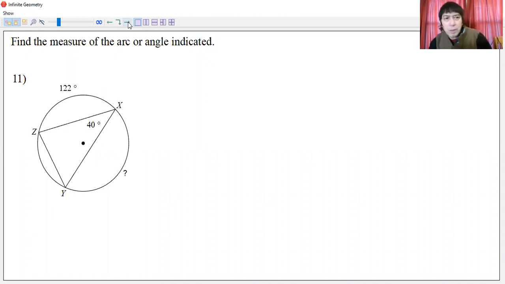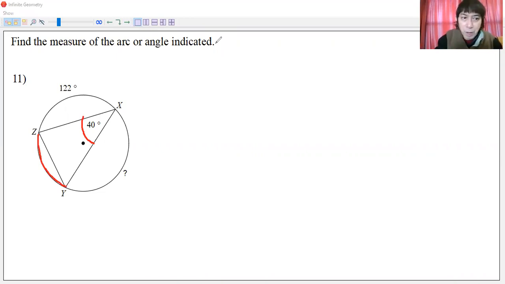Okay, here's number 11. All right, let's see the diagram first and do a little analysis. We're after a minor arc XY. All right, so how do we approach the problem? We have a given inscribed angle here, and multiplying that measurement by 2 provides this arc here.